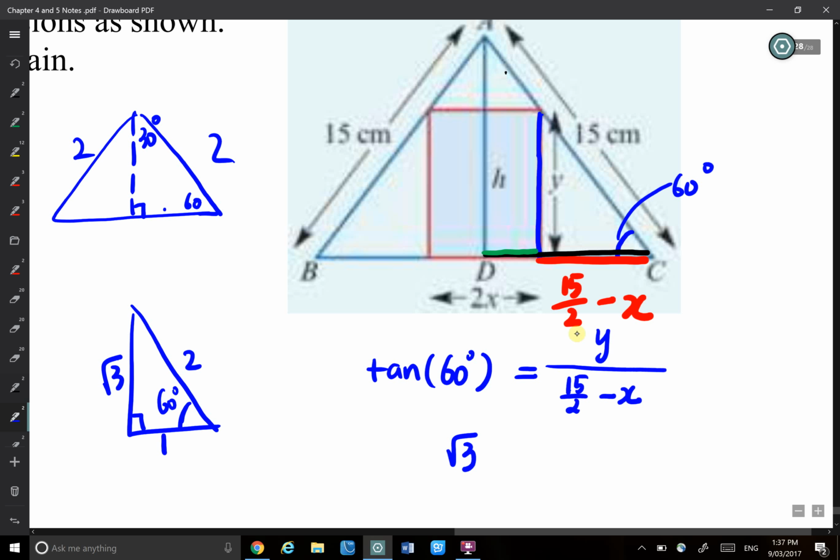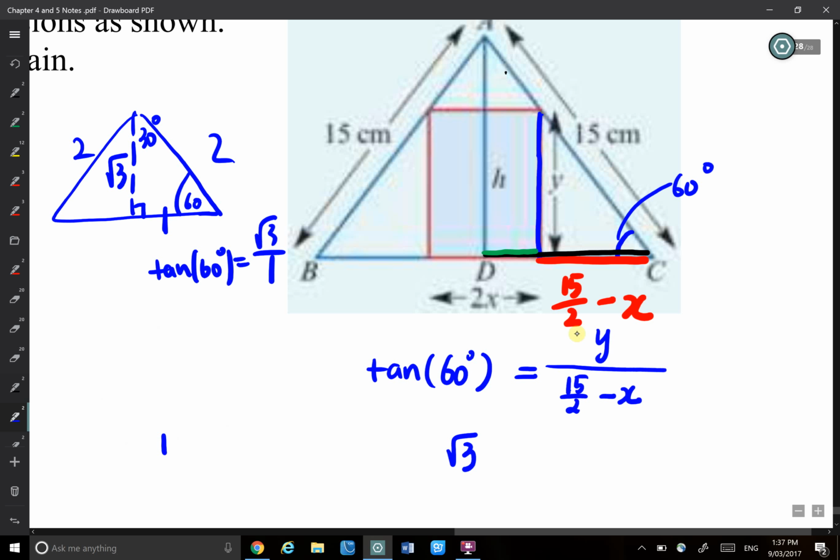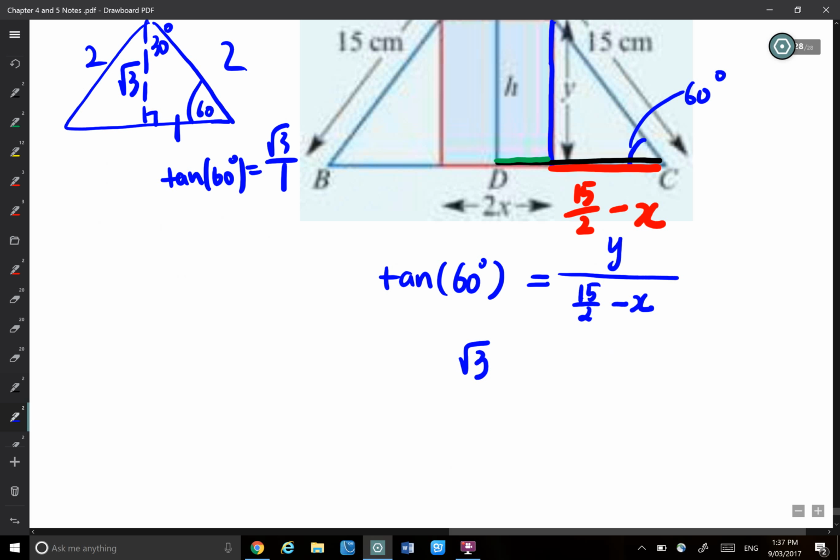Half of the base is 1, and by drawing the height, 2 squared minus 1 squared is 3, so the height is root 3. Tangent 60 gives root 3 over 1, so tangent 60 is root 3. We'll go through circular functions in second or third term.